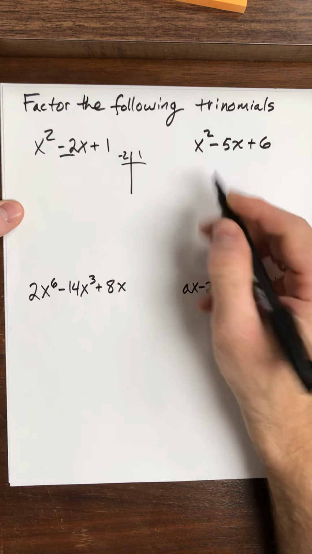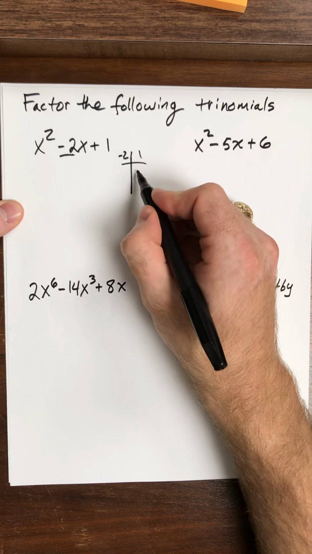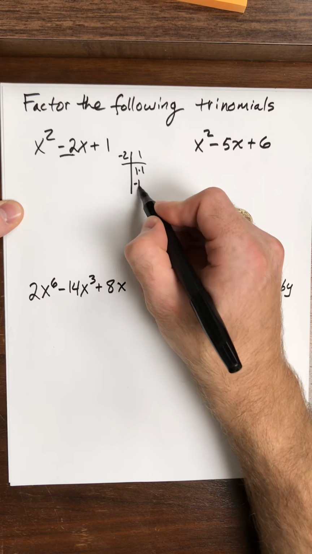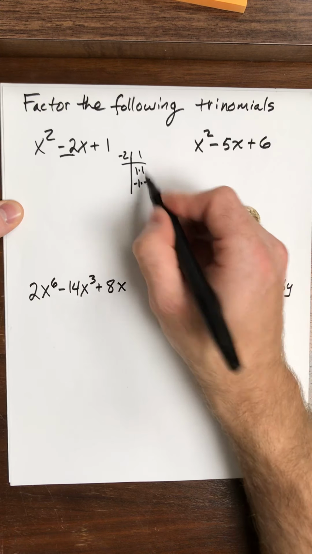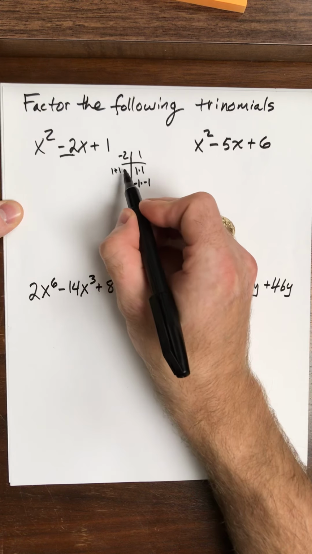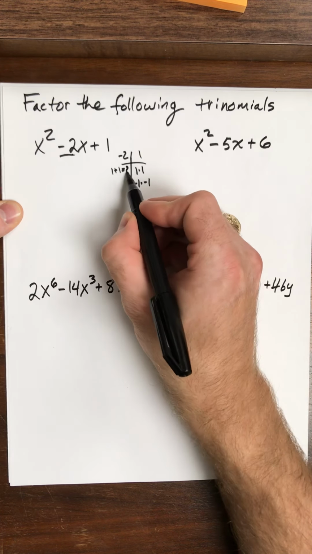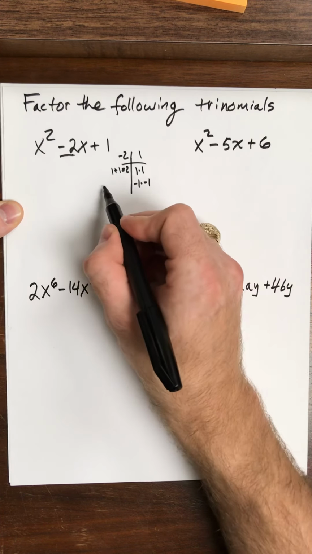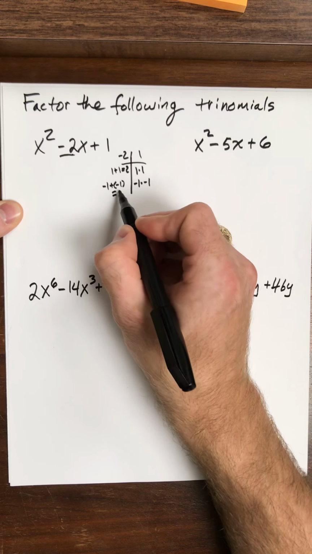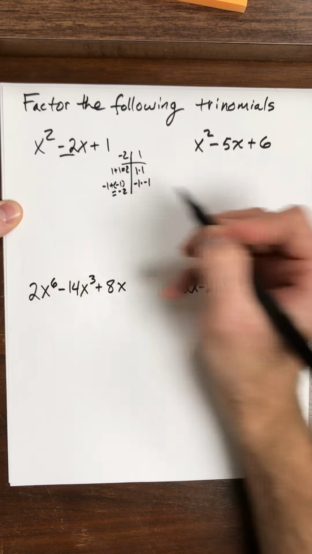And so now I look and I say, okay, how do I get 1? Well, I can multiply 1 times 1, and I can multiply -1 times -1, and both of those give me 1. Now 1 times 1, if I add those together, 1 plus 1, that's 2. That doesn't work. But -1 plus a -1 equals -2. And so this is the one I'm looking for, okay?